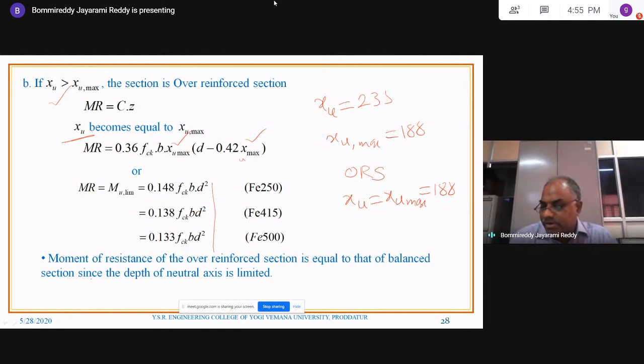Moment of resistance of the over reinforced section is equal to that of the balanced section, since the depth of the neutral axis is limited. So in this limit state method of design, you have ultimately two computations: moment of resistance for balanced section and moment of resistance for under reinforced section.